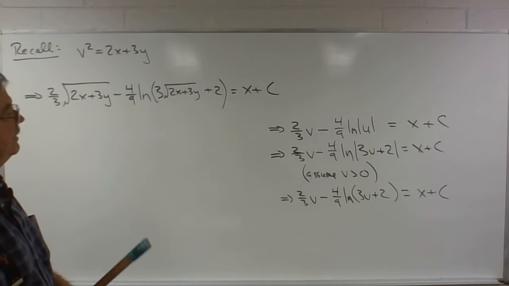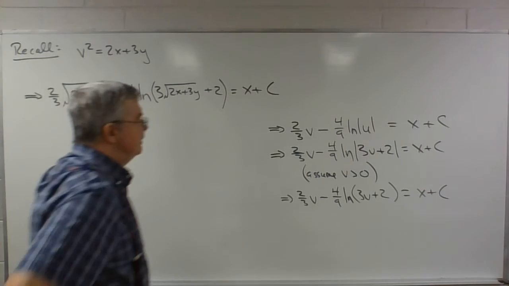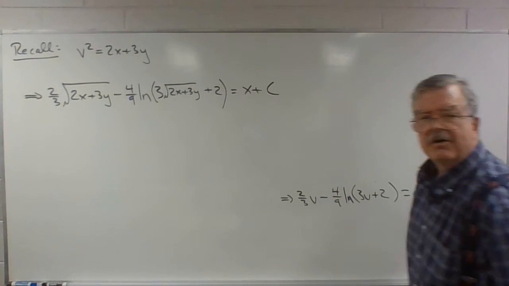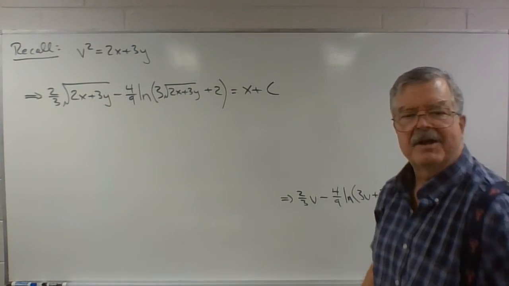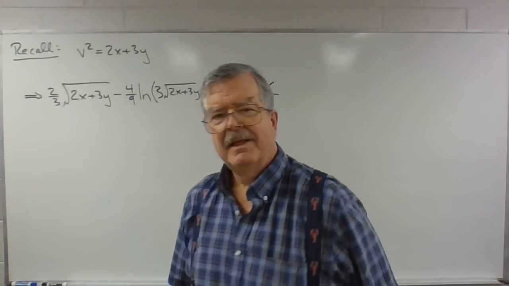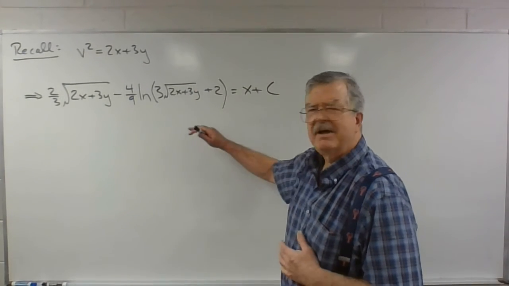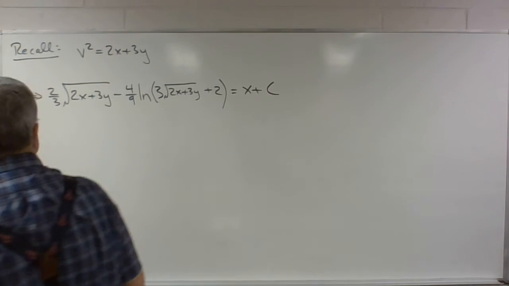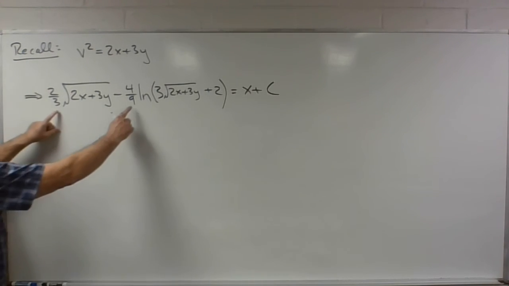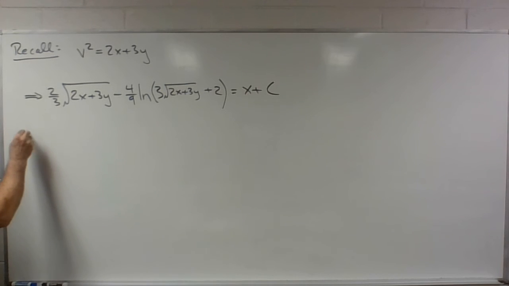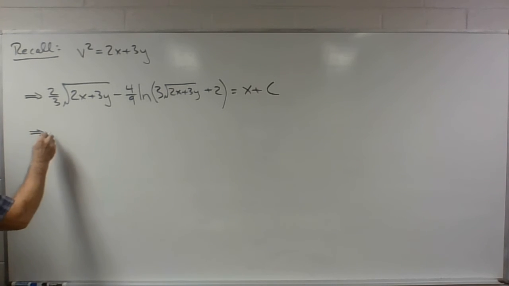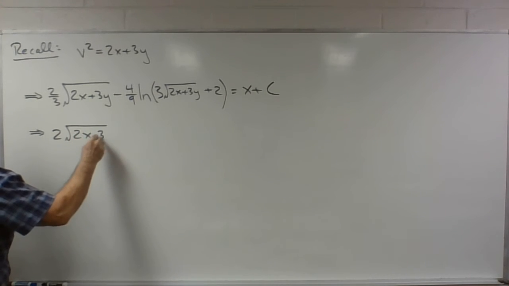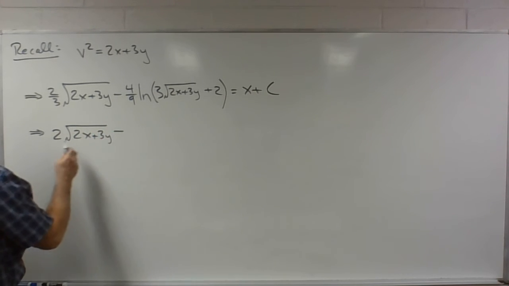Now, let me just take a moment to look over the results before I say that I'm done. Yeah, I guess about the only thing I could do to make it a little bit more sightly is just multiply both sides by 9. Whoops.